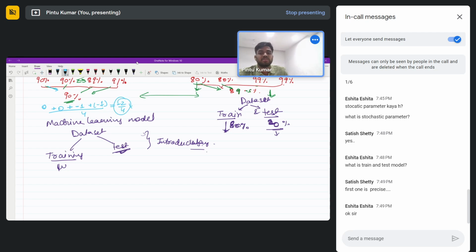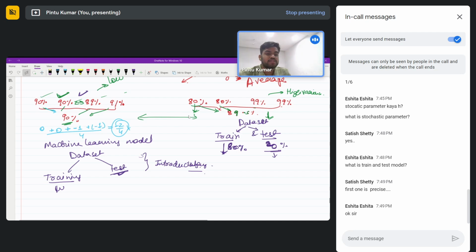This is not the variance, but I'm just evaluating what I said. In this case, this is minus 9.5, plus 9.5, plus 9.5, again minus 9.5. So this sums up to 0, and 0 divided by 4 would be 0. But I said that this case should have high variance.